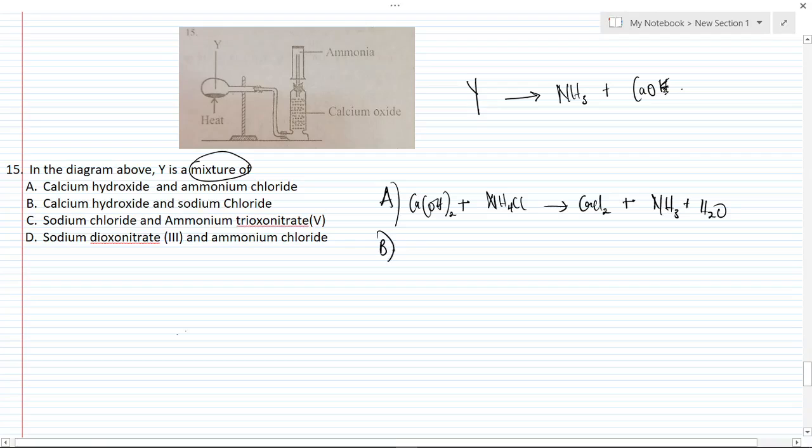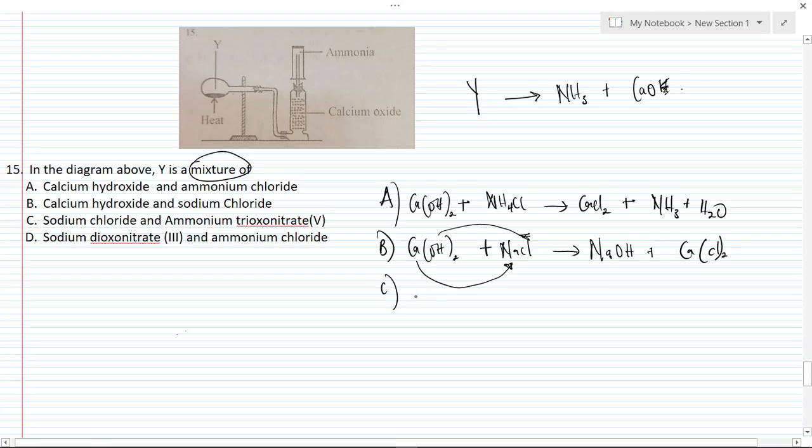Option B, that's calcium hydroxide. Now we are not really bothered with balancing the equation since our focus is just on the products and reactants. So calcium hydroxide and sodium chloride, this is pretty much a displacement reaction, so there is a swapping out. So what we eventually have is sodium hydroxide plus calcium chloride.